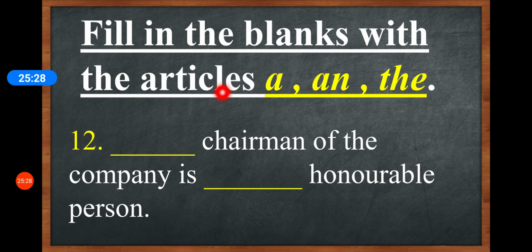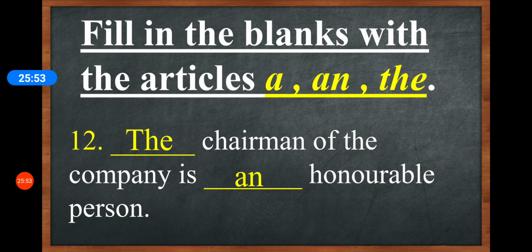We know which person we are talking about. The chairman of the company is, now H is a consonant, but the sound it creates is O, which is a vowel sound. So an honorable person. So with that, children, we come to the end of this exercise.